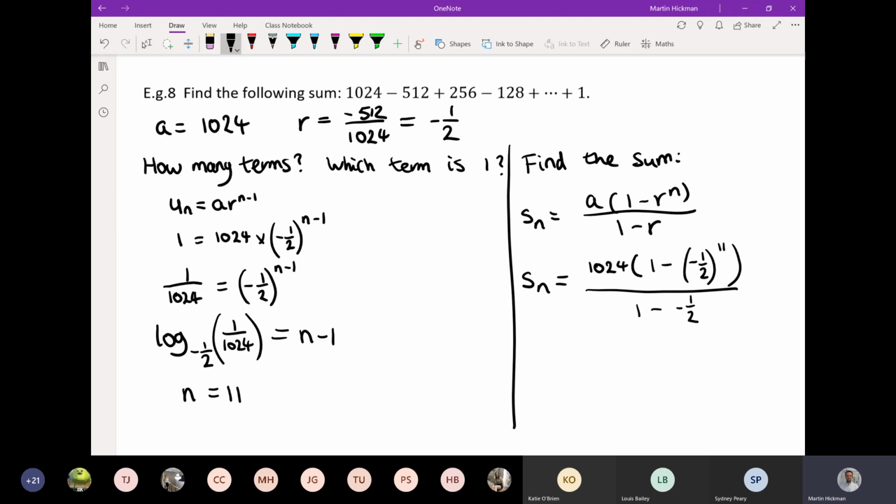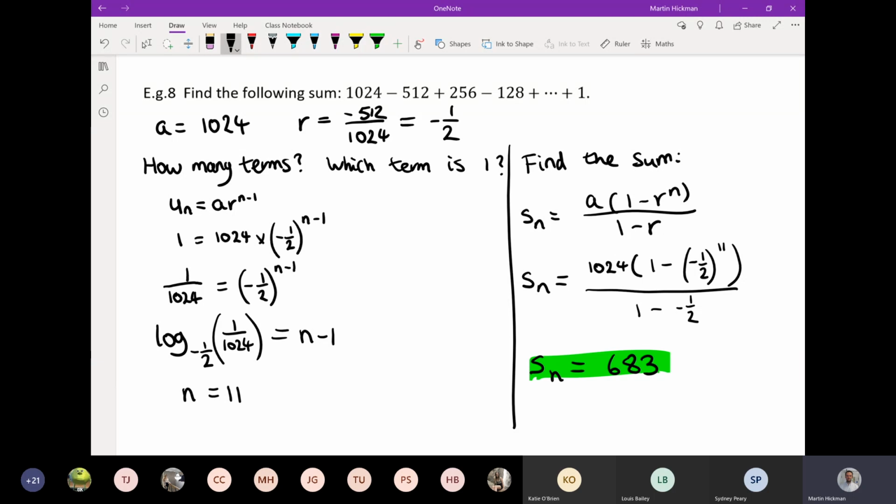So you can see here there's a lot of room for error in terms of signs, indices, a lot of things that could go wrong here. So just be very careful that you put this all in correctly, and also when you're using your calculator, take care.